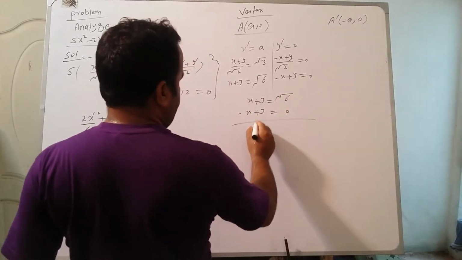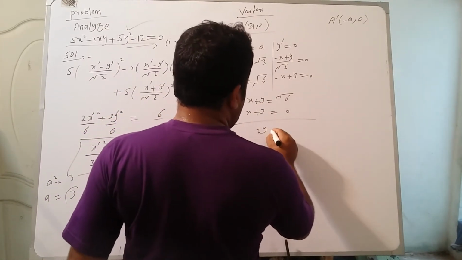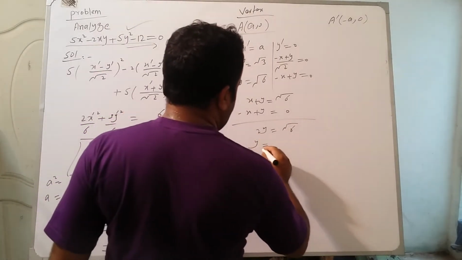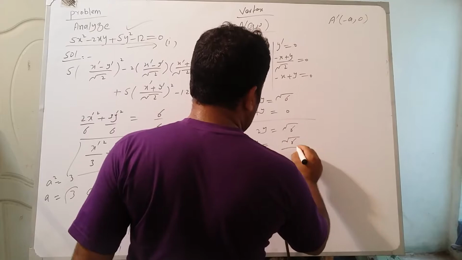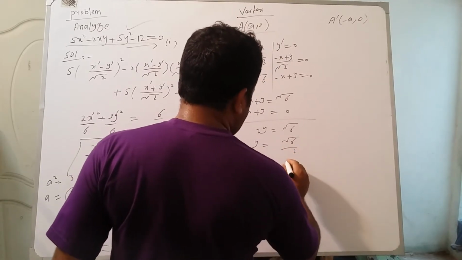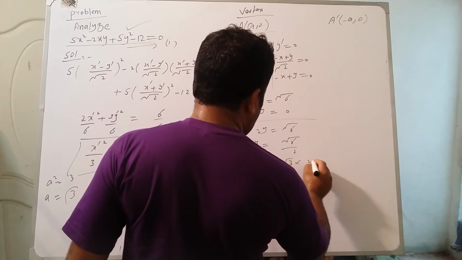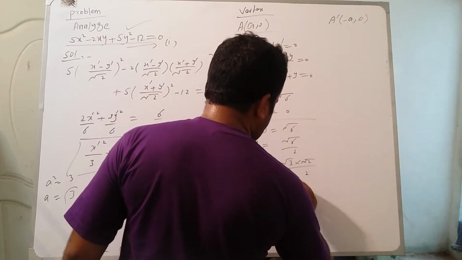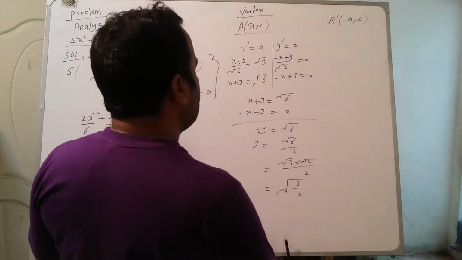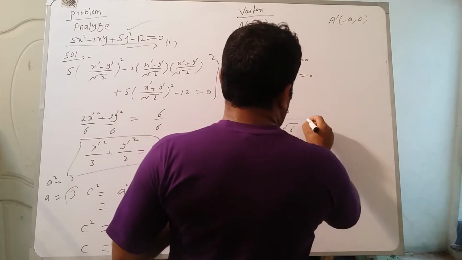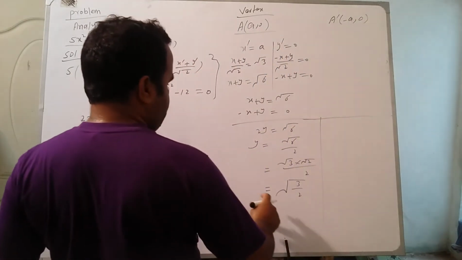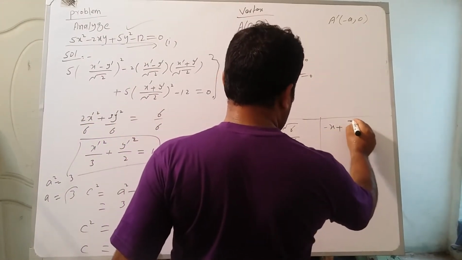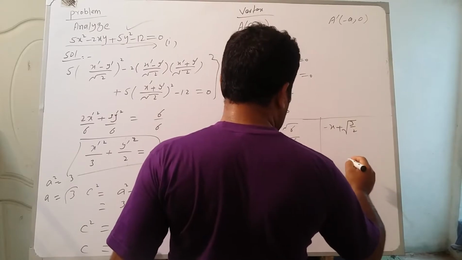Adding, so what we get over here? 2y is equal to root 6 and y is equal to root 6 over 2, which can be written as root 3 multiplied by root 2 over 2, means it can be written as 3 over root 2. Also, putting this value of y over here, minus x plus 3 over root 2 is equal to 0.